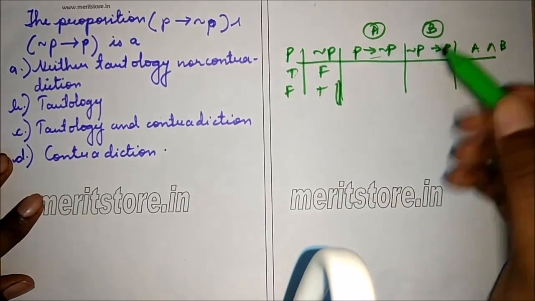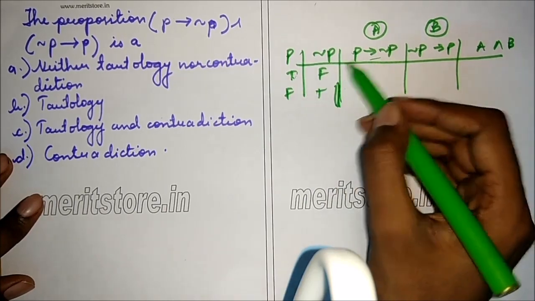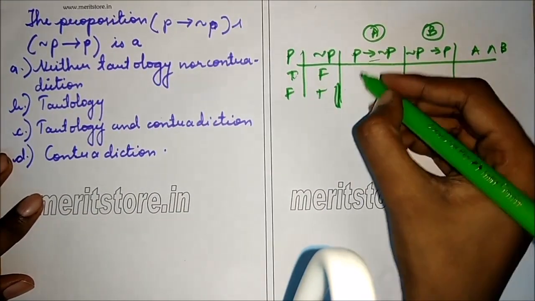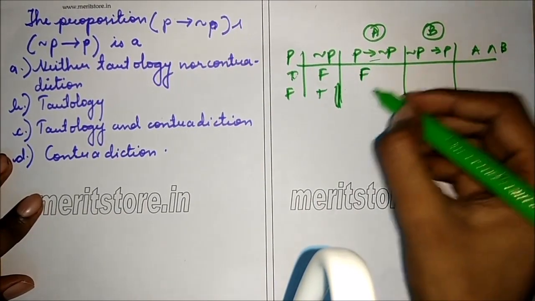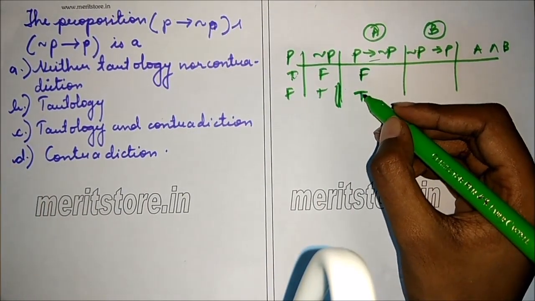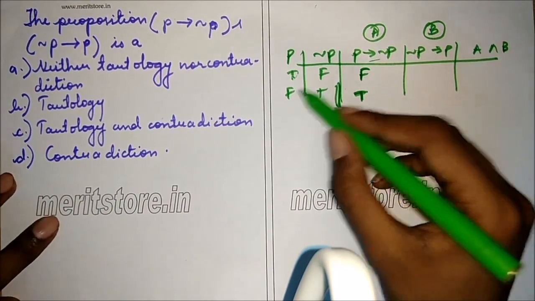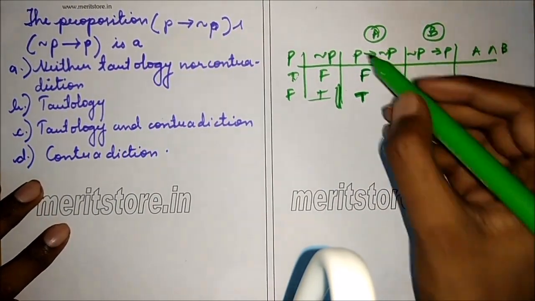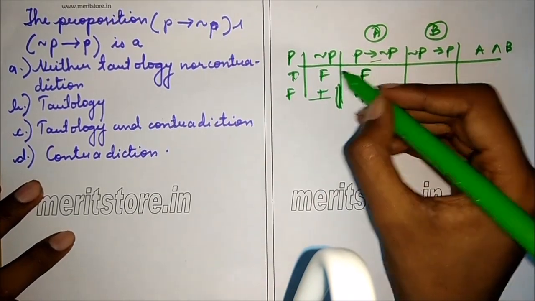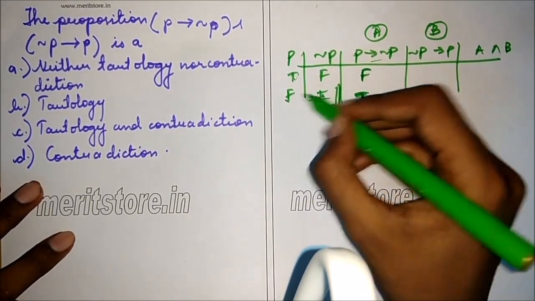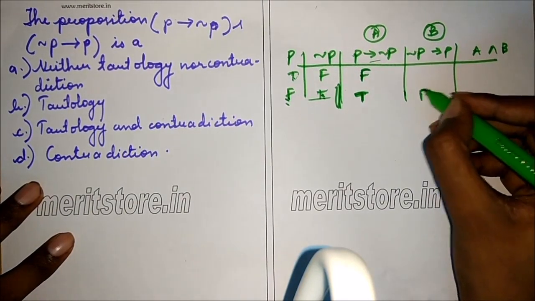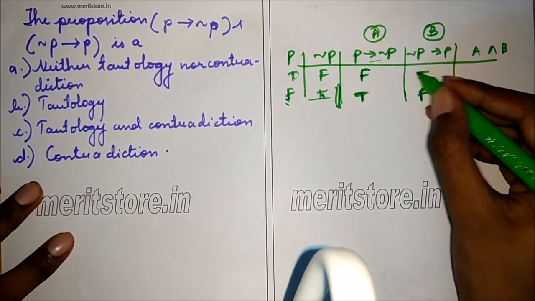P implies negation P: TF is F, everything else is true. So TF is F and FT is T. Negation P implies P: TF is F, everything else is true. So this is false and this is true.